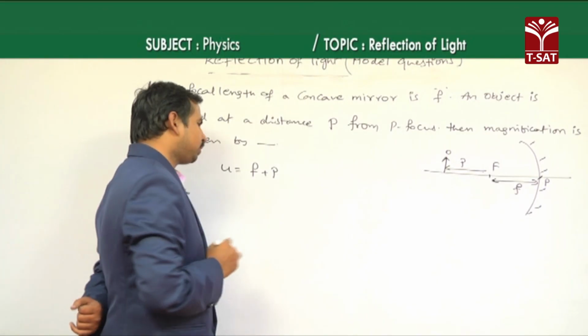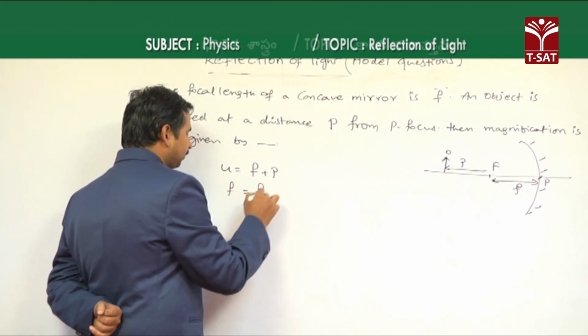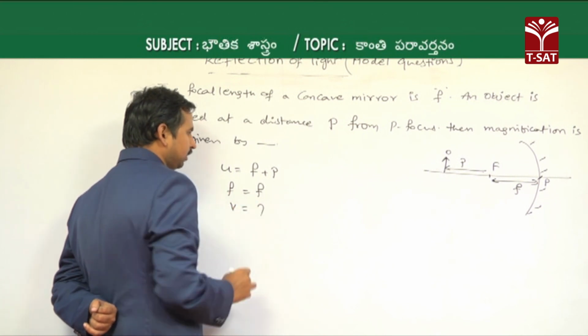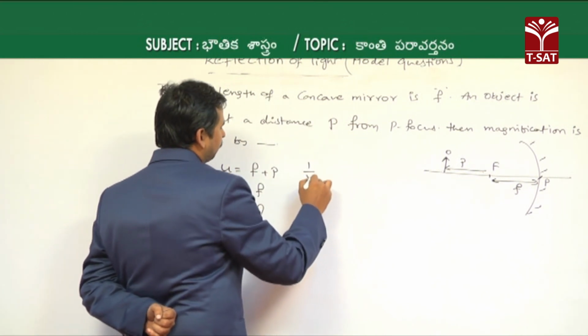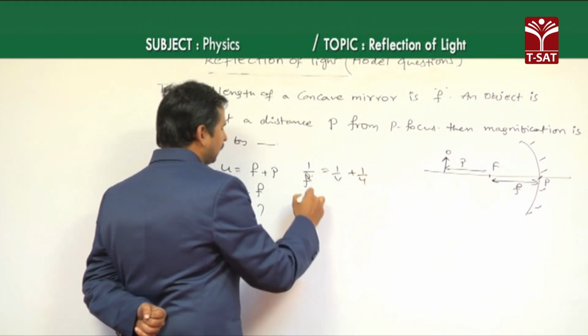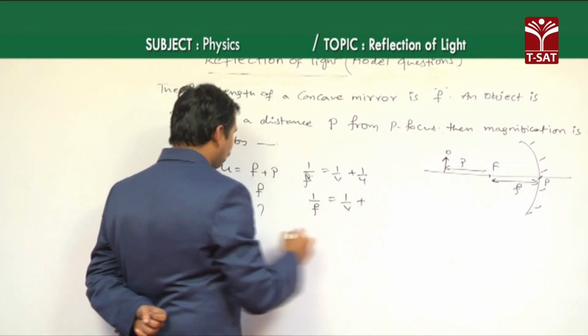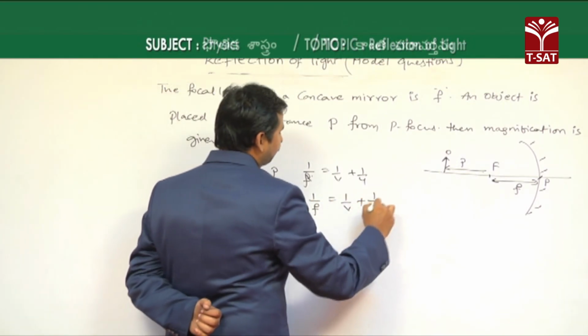As u is equal to f plus p, and the focal length is given as f, first we have to find the v value. We know that 1 by f is equal to 1 by v plus 1 by u. The v value we do not know, but the object distance is f plus p.